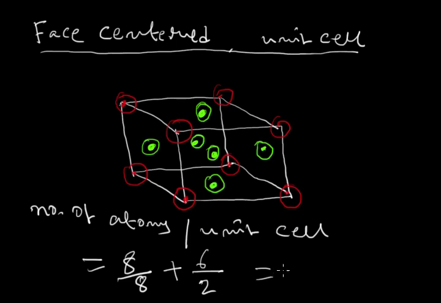The total value is 1 plus 3, that is 4. So the number of atoms per unit cell in case of face-centered cubic lattice is 4.